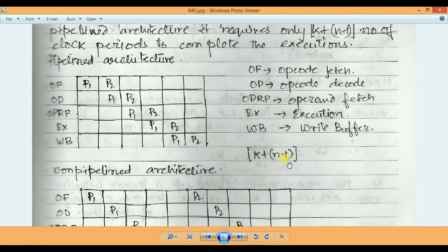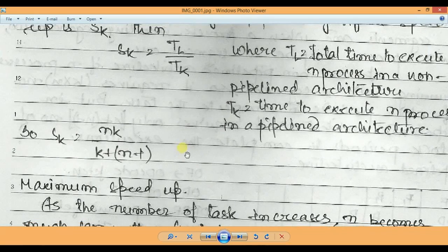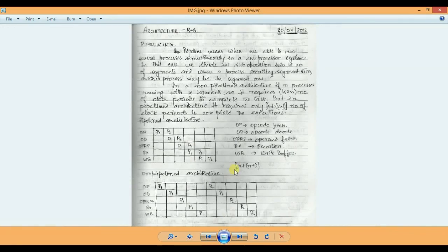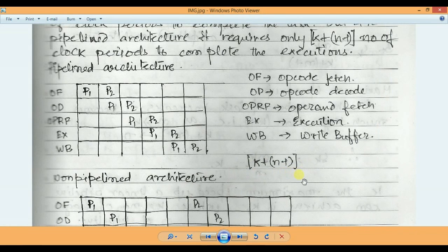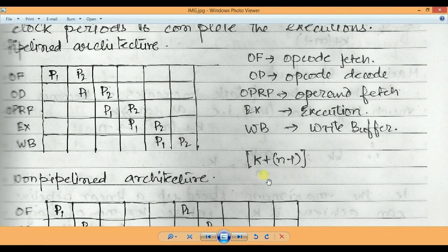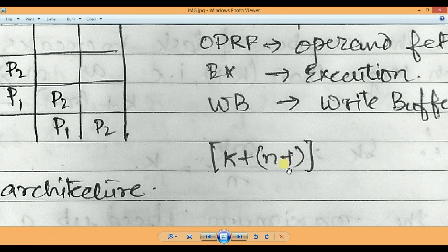K plus n minus 1, not plus 1. Sorry for this illegible handwriting. I'm sorry, these are not my notes. I've got it from someone, and I didn't really have time to write this myself. That's why this is minus 1, actually not plus 1. K plus n minus 1.